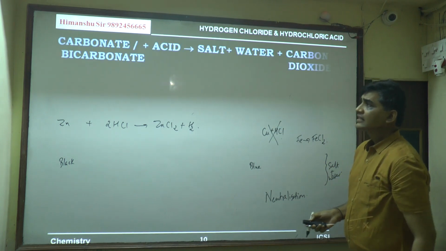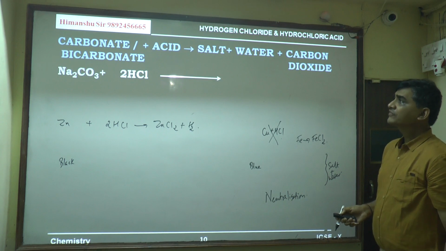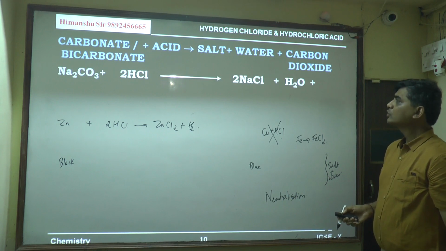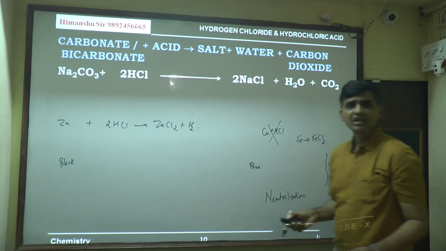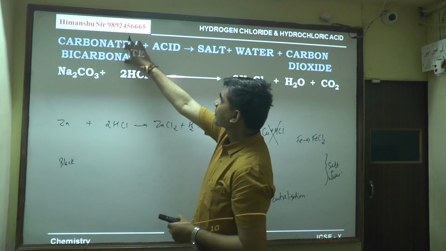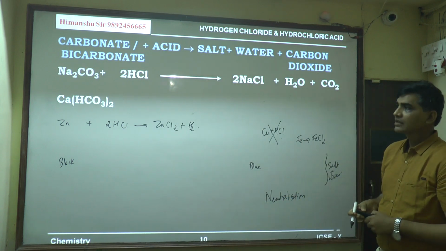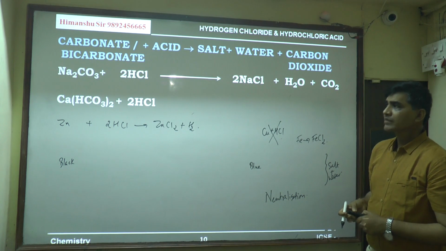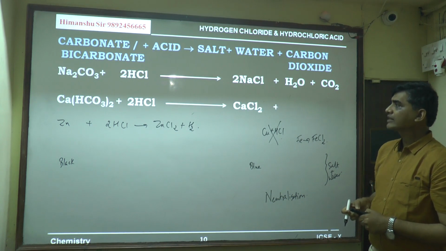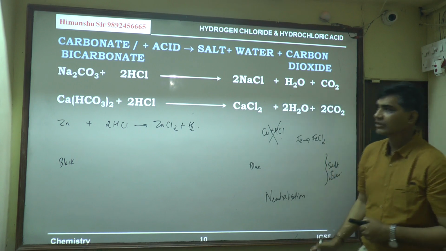After this, next you take carbonates plus acid. They give fixed products. So children, you don't have to mug up any reaction. In chemistry, you have to understand it's a general reaction that carbonate plus acid always gives salt, water and carbon dioxide. You can take sodium carbonate, calcium bicarbonate, and at the same time you will get salt, water and carbon dioxide.